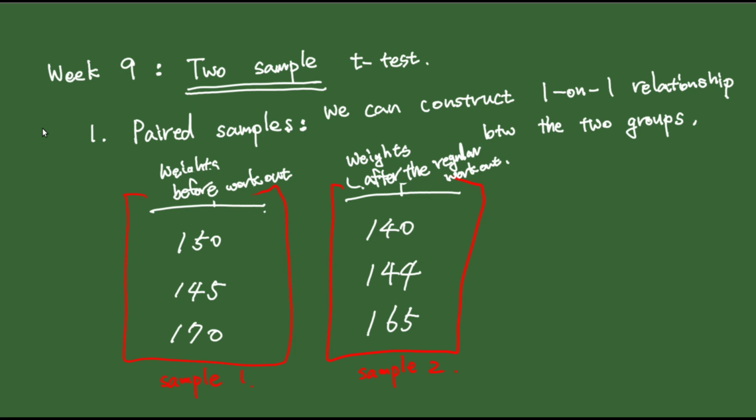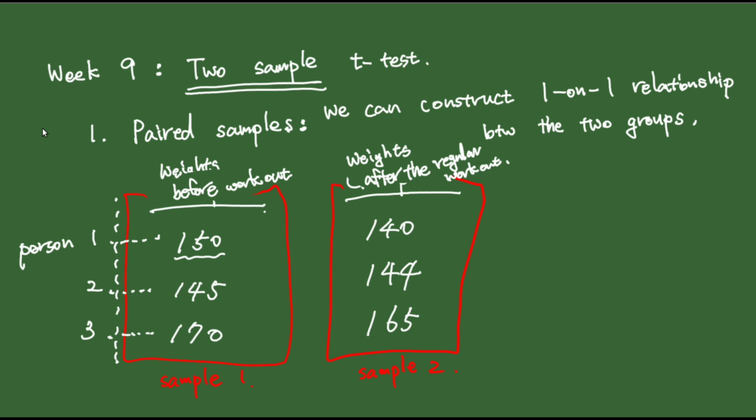So the context is like this. We have 3 people: person 1, person 2, and person 3, and we want to study the impact of the workout on our weight. Before we ask them to do the workout regularly, we measure their weights first. So this 150 is the weight of person 1, 145 is the weight of person 2, and 170 is the weight of person 3.